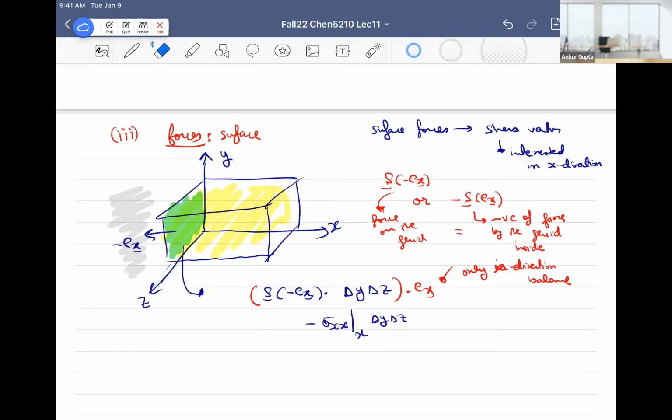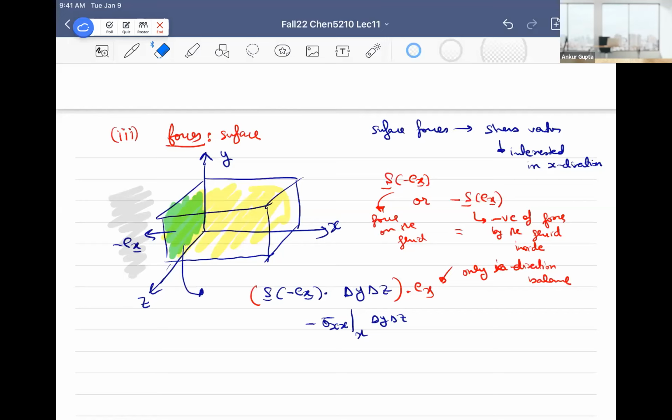The normal is x, and I'm only interested in the x component. Yes, absolutely. If you're doing the full problem, yes, absolutely. We'll get an answer at the end, but we are simplifying by only focusing on the x direction. So we get this value, and note the negative sign comes because of the normal relation.